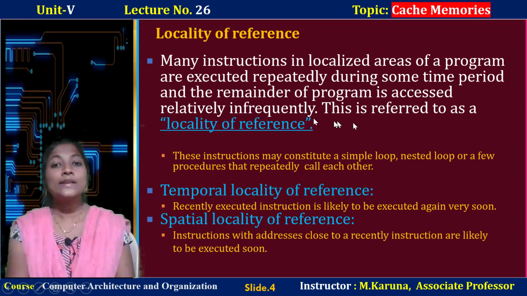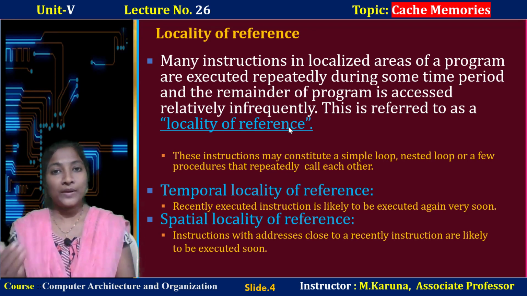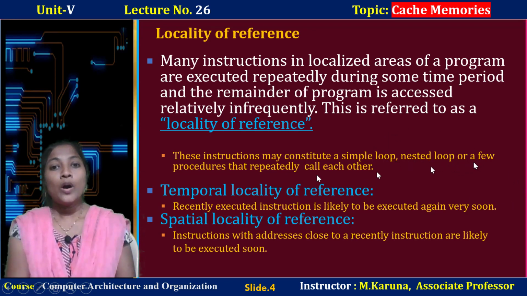This is called locality of reference. Sometimes the processor needs to spend much of its time on execution of routines repeatedly. A routine is nothing but a simple loop, nested loop, or procedures that repeatedly call each other.